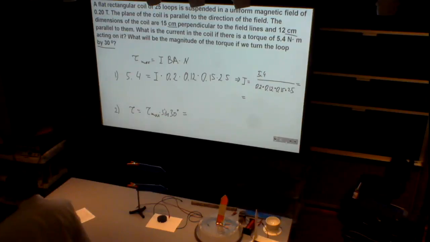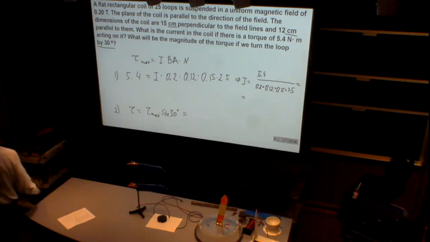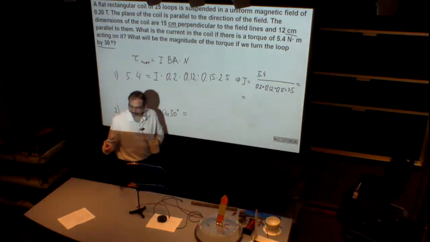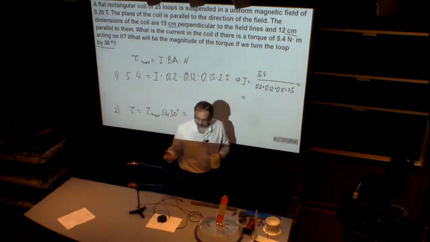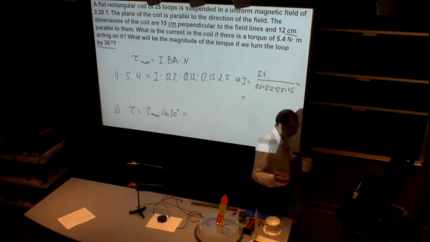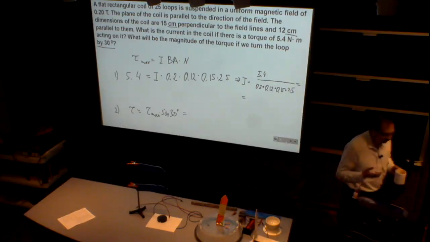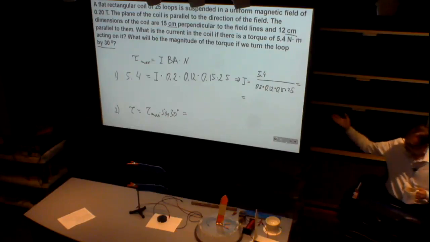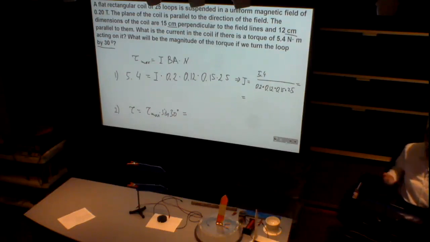What symbol do we use to represent the presence of a magnetic field? B represents the strength of the magnetic field. The presence, the existence, is represented by what? A vector, an arrow, whatever you call it.